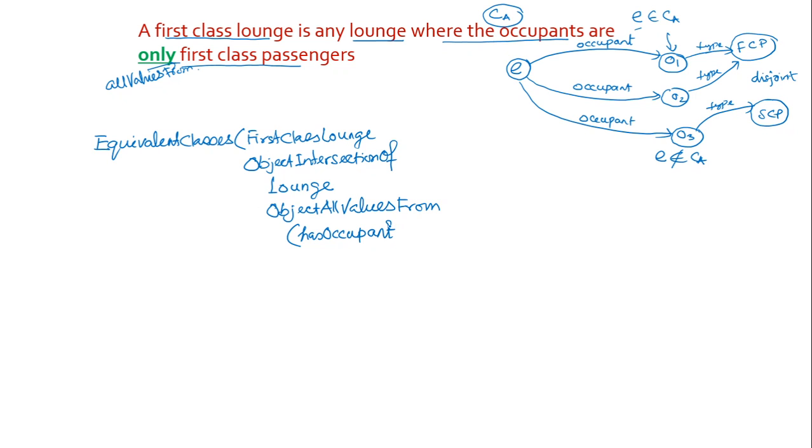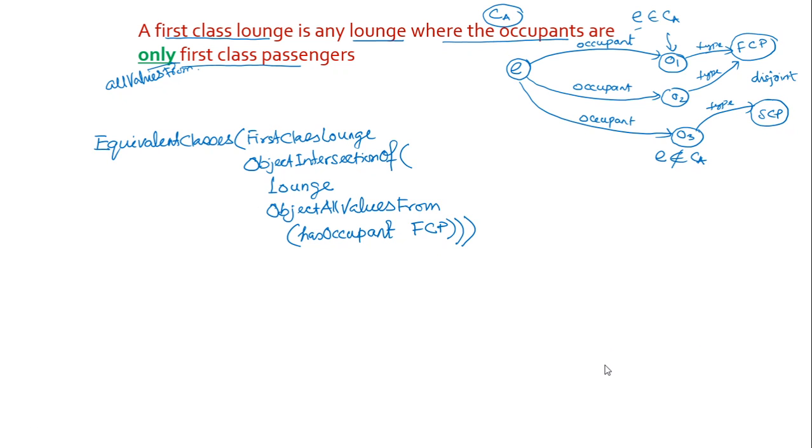And the values would be restricted to the class first class passenger. So we need to close this, and this is the representation of this particular statement in functional syntax.